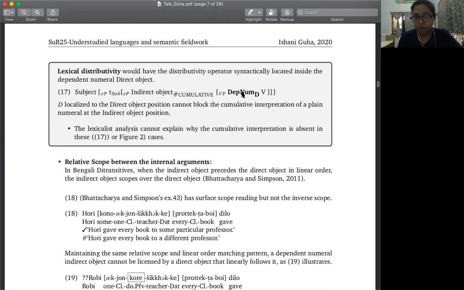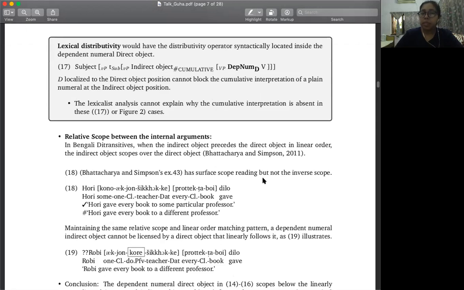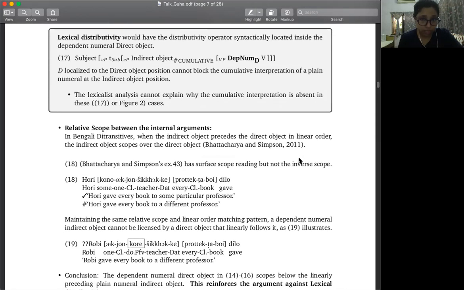But we need to make sure that indeed the indirect object is beyond the scope of the direct object in Bengali. In Bengali ditransitives, as Bhattacharya and Simpson 2011 have shown, when the indirect object precedes the direct object in linear order, the indirect object scopes over the direct object.